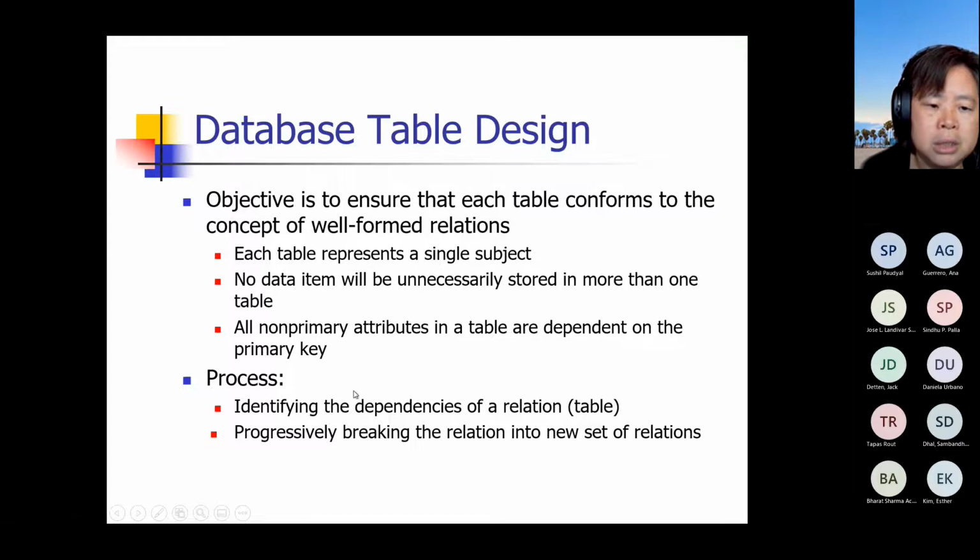So how do we do this? We figure out how the attributes are related to each other, which one depends on which one. Then we can gradually break those relations out into new tables. That's what we did. Okay. Does it make sense?